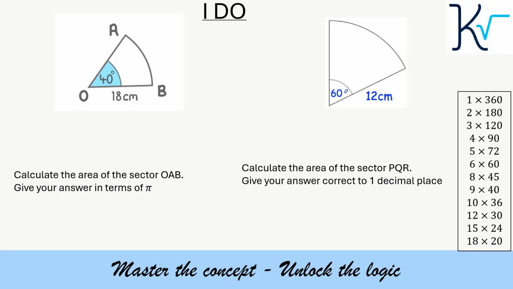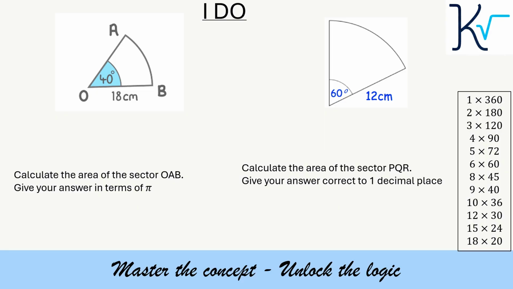On the left we have the sector OAB, and we want to calculate its area. This sector has an angle of 40 degrees. We know that a full turn is 360 degrees. And how many times does 40 go into 360? Well, I have listed on the side, as you can see, the factors of 360.